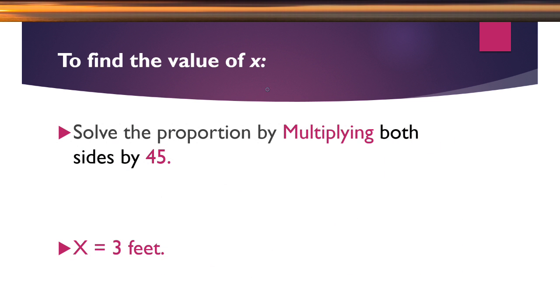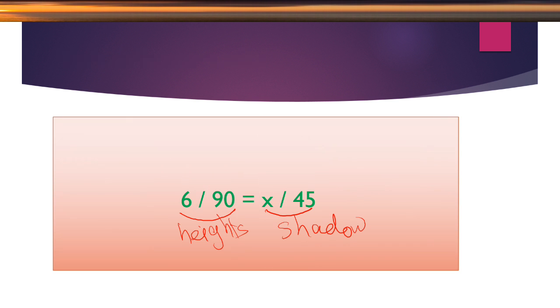To find the value of X, we solve the proportion by multiplying both sides by 45. So let's go back here. We multiply 6 over 90 by 45, and on the other side X over 45 multiplied by 45.